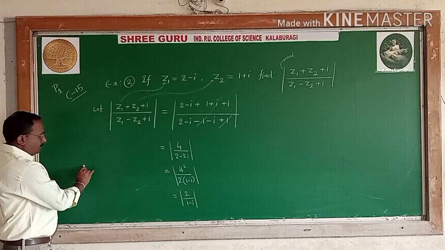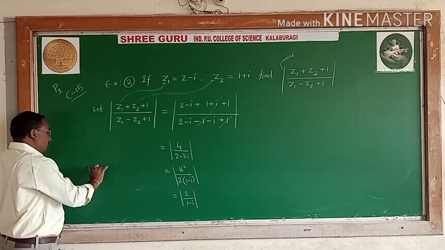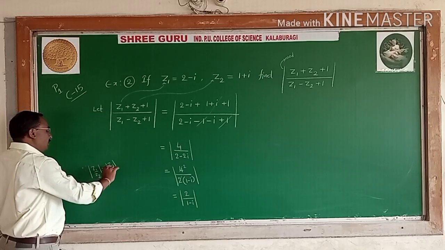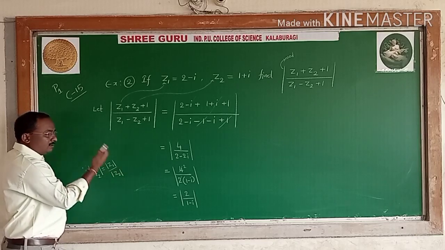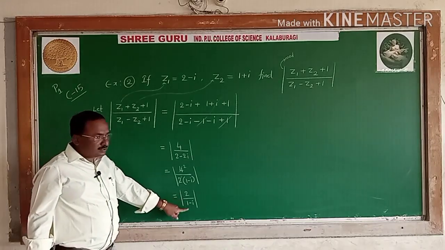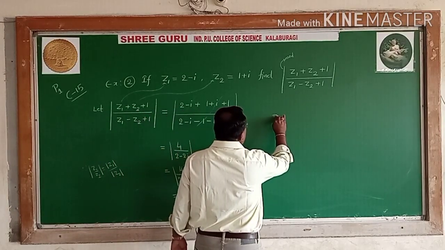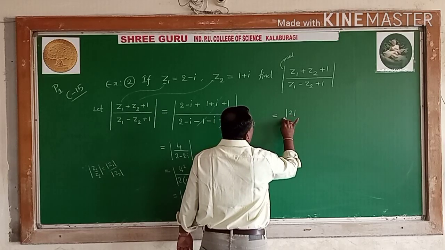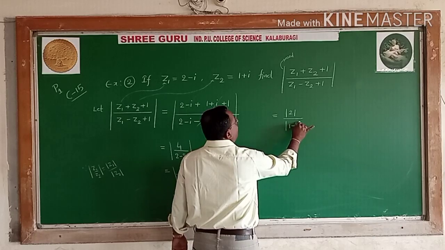We know that the modulus of Z1 by Z2 is equal to the modulus of Z1 divided by the modulus of Z2. Separate modulus in the numerator, separate modulus in the denominator, which is the modulus of 2 divided by the modulus of 1 minus i.